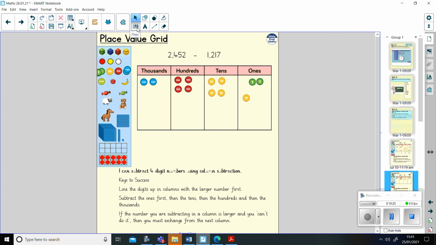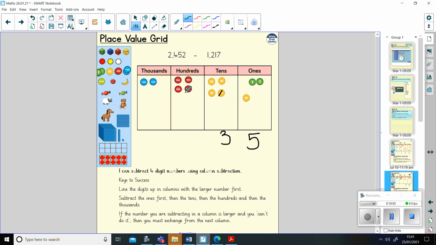So now I'm left with 4 10s here, and I've now got 12 ones. So I can do 12 take away 7, which would leave me with 5. This was a 5, but now it's a 4, and I'm subtracting 1 from it, which leaves me with 3.